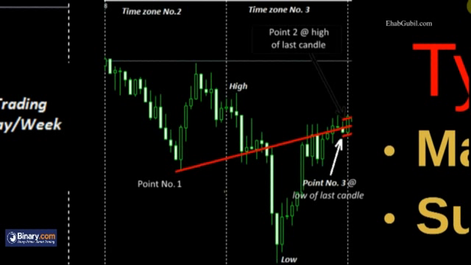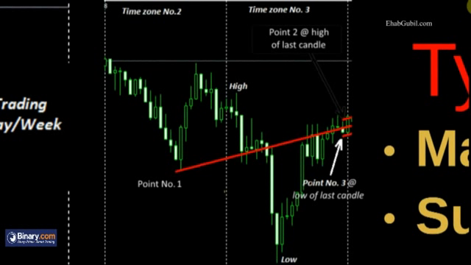This means when we indicate that a high pivot occurred first in time zone number 3, we will put point number 1 of the PF on the low pivot point in time zone number 2. And if we found low was first in time zone number 3, we will put point number 1 of the PF on the high pivot point of time zone number 2.